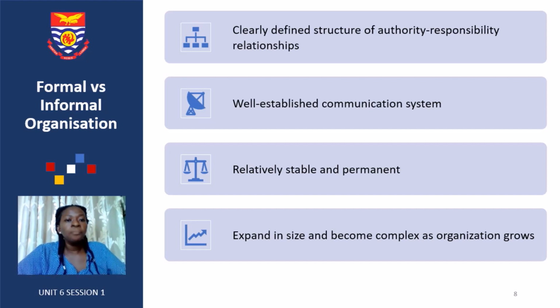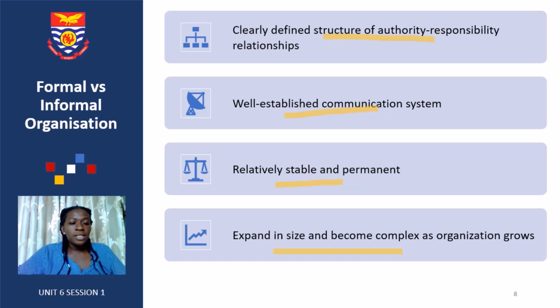Like I was saying, they have a clearly defined structure of authority and responsibility, usually well-established communication systems. They have relative stability and permanence, and they expand in size and become complex as the organization grows. That's one thing about the formal organization.